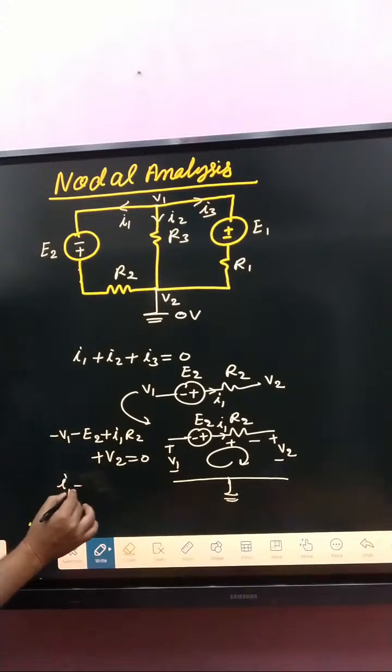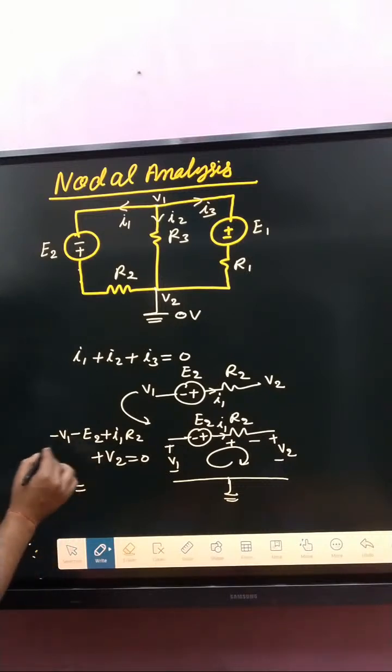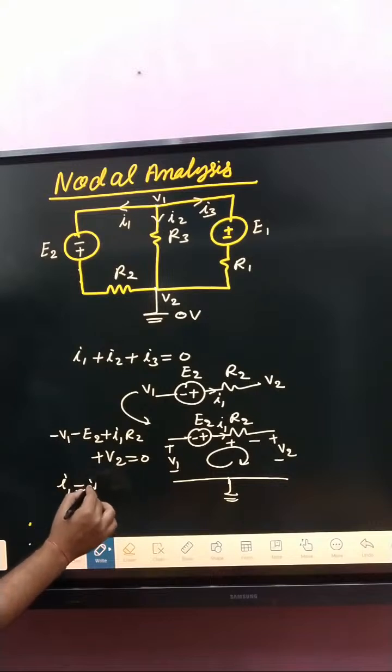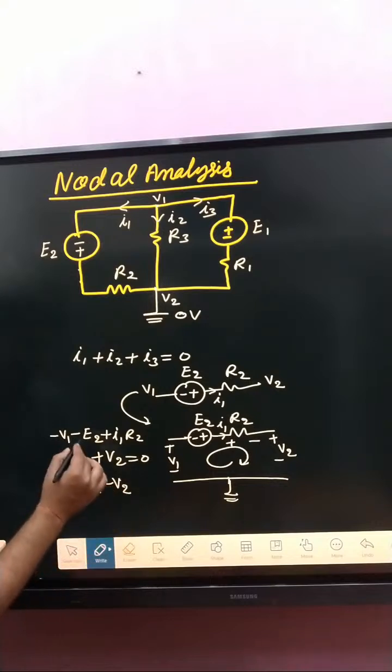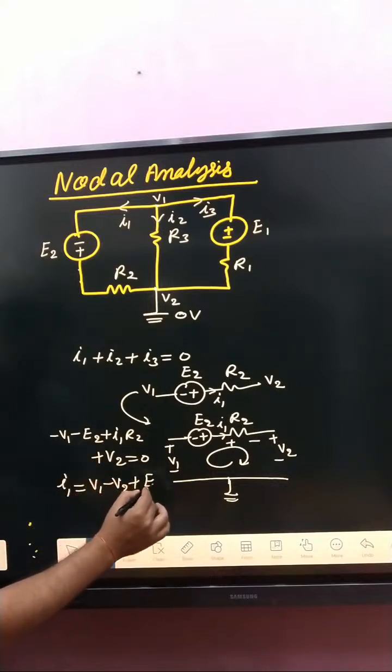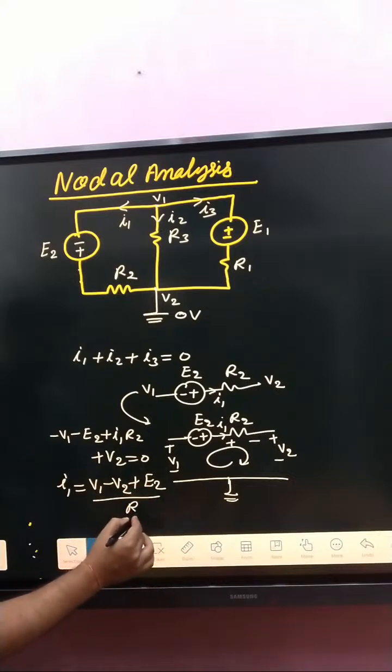So I1 is equal to V1 minus V2 plus E2, divided by R2.